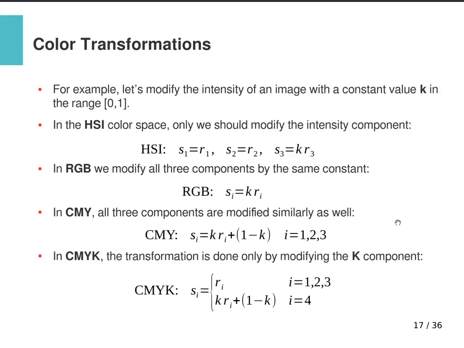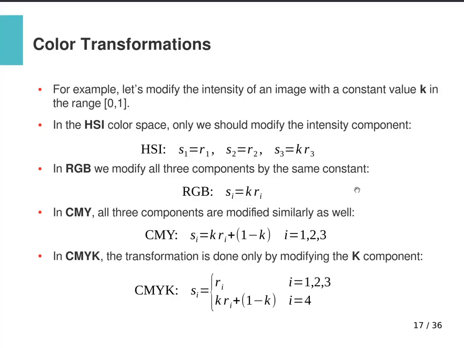The first two components, hue and saturation, remain the same, while the third component is multiplied by k. In the RGB color model, you modify all three components by the same constant. So S1 becomes kR1, S2 becomes kR2, and S3 becomes kR3.